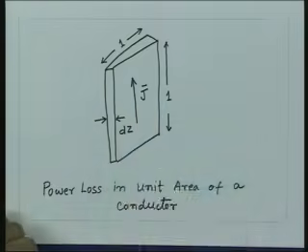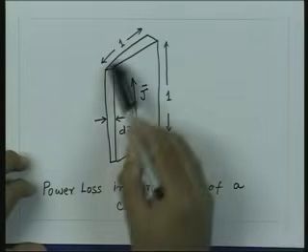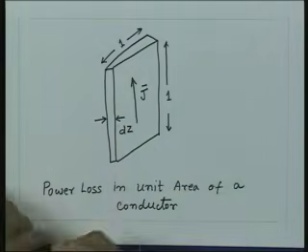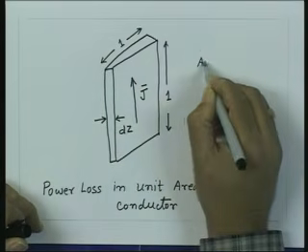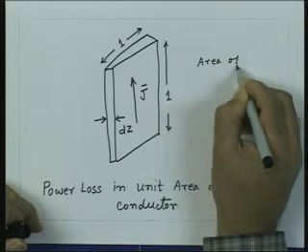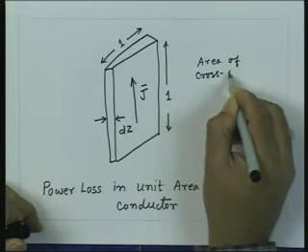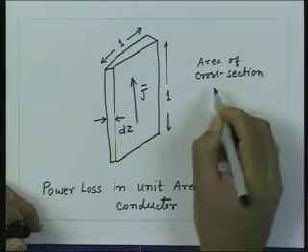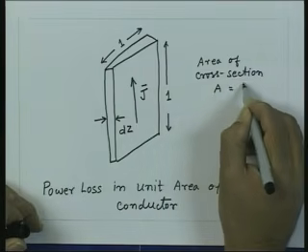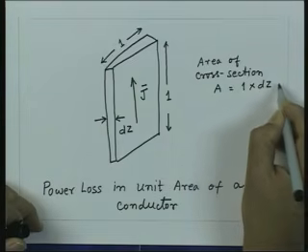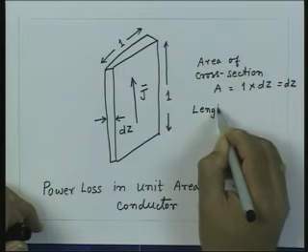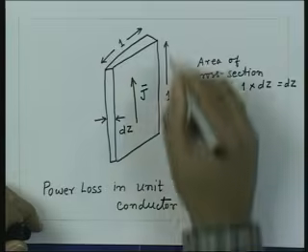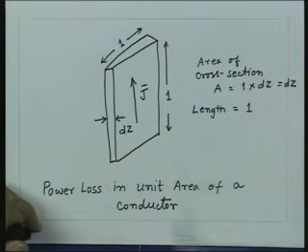Since the conduction current density is J here and the current is flowing in this area, it sees the area of cross section, which is 1 into dz. So the area of cross section A is 1 into dz, that is dz, and the length of this conductor is unity, so that is equal to 1.